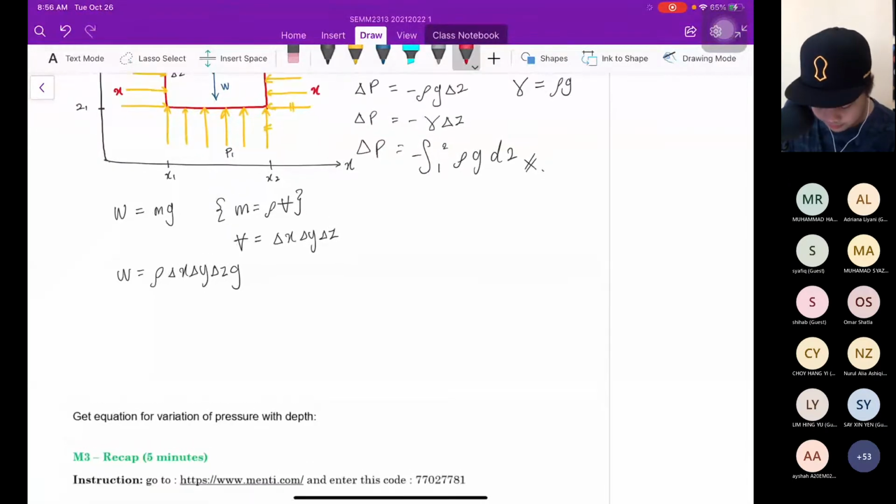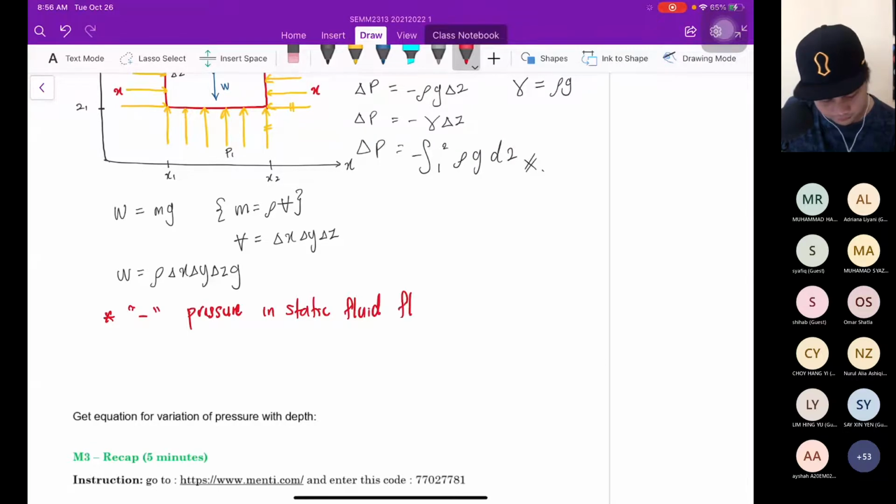I would like to give a remark. Negative sign indicates pressure in static fluid increases linearly with depth.